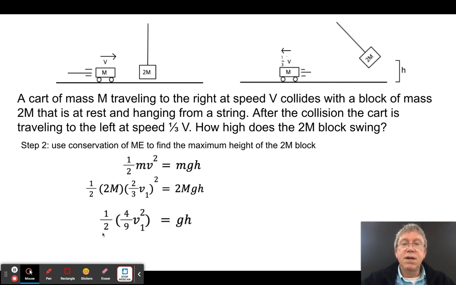So I'm just going to get rid of my m's, square this through, and divide through. And what I'll see is the height is going to be 2 times the initial v squared over 9g, which is not intuitive, but it's correct.